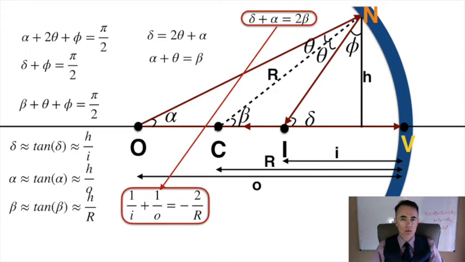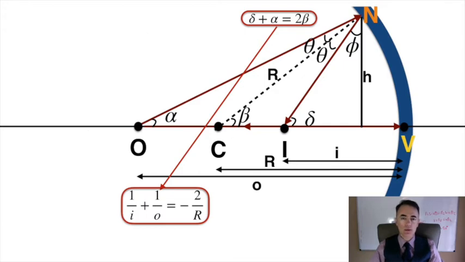Now, because the focal point of the lens is of special interest, allow me to write this mirror equation in terms of f, being f the focal distance, or the distance from the vertex to the focal point. Rays coming from infinity will reflect and pass through the focal point.